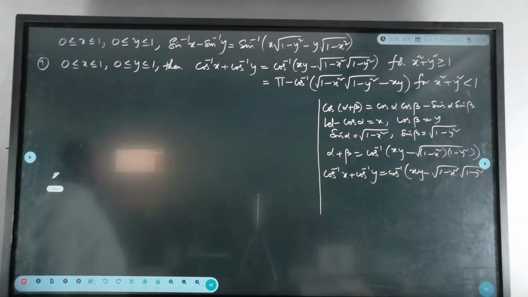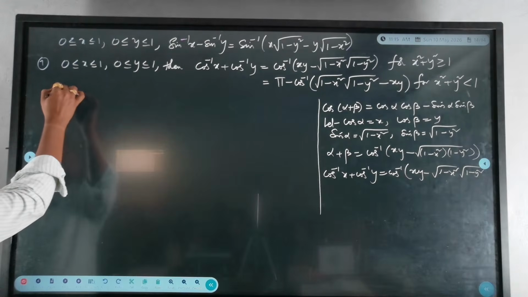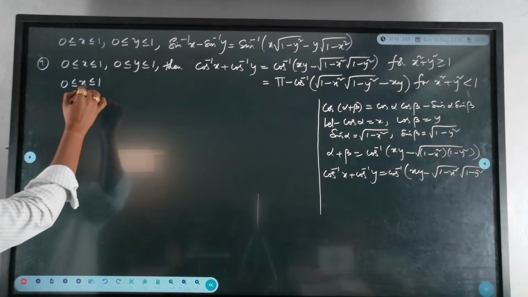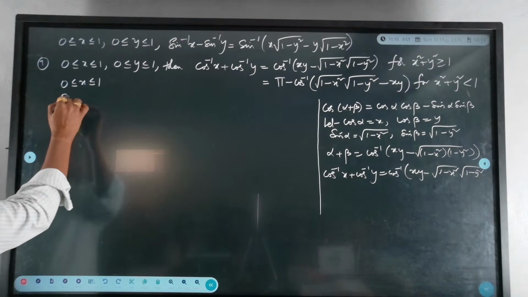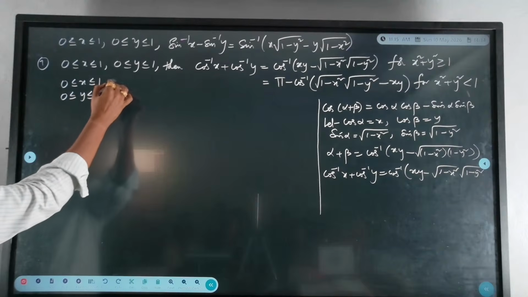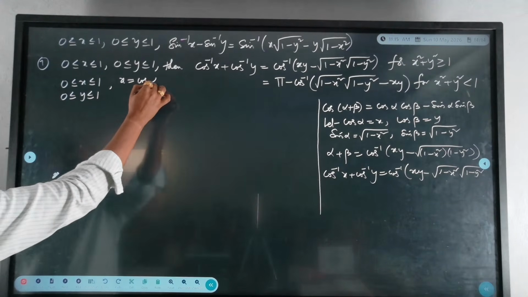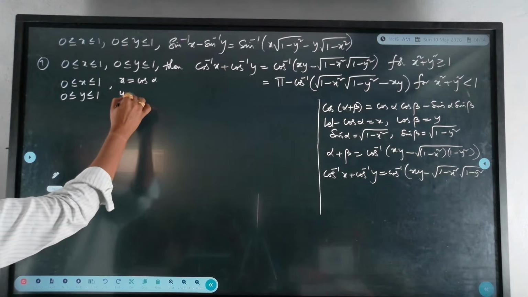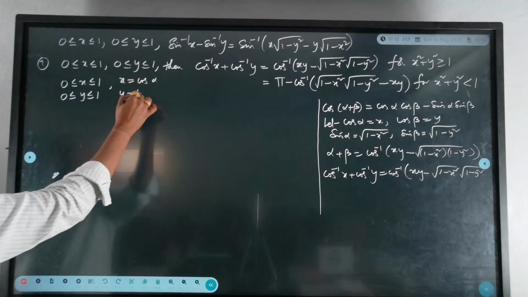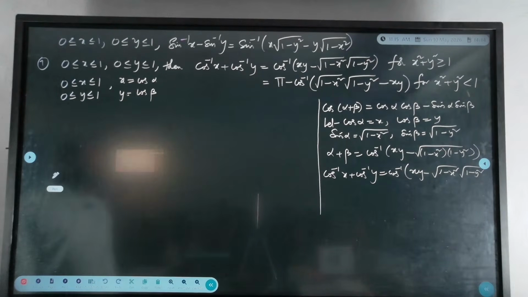But the thing is about angles. Okay, let us start. 0 less than or equal to x less than or equal to 1, and 0 less than or equal to y less than or equal to 1. x is equal to cos alpha, y is equal to cos beta. So what is the range here?